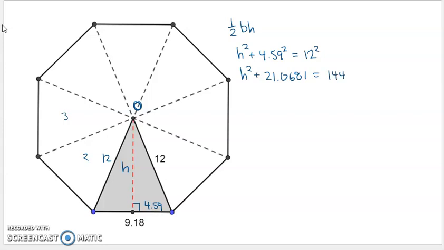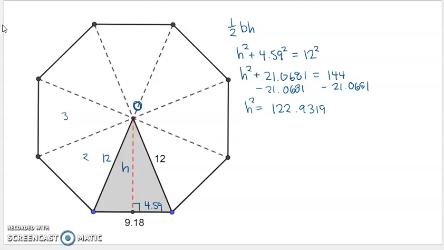I'm going to subtract 21.0681 from both sides, and h squared is going to equal 122.9319. Notice that the numbers are messy, and that's often the case. It happens in the real world. You've got numbers that aren't perfect integers.